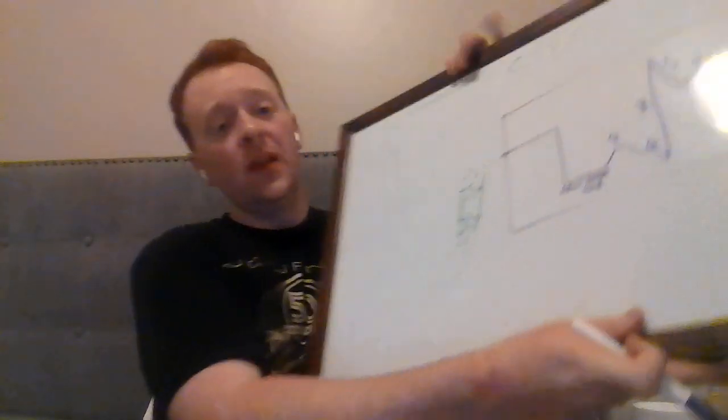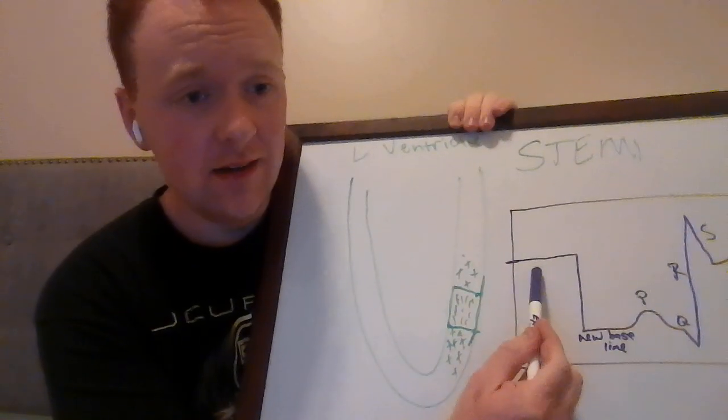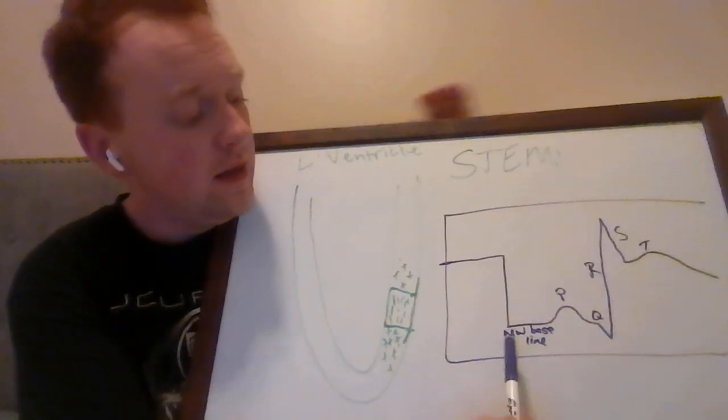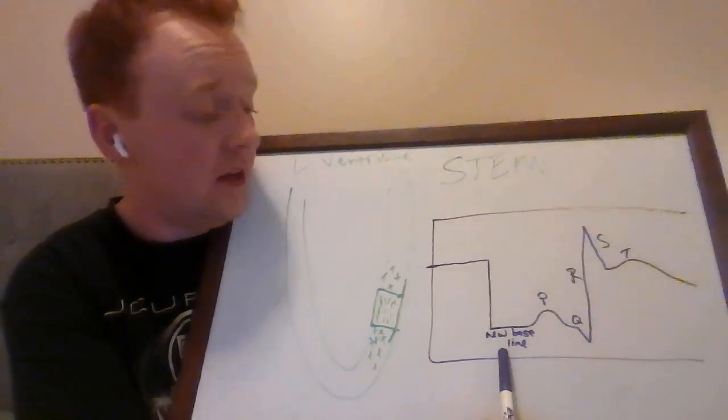So with every ECG tracing, this is probably what I forgot to mention. After the T wave, your ECG tracing is trying to get to the baseline so that they can start another P wave. This was the original baseline, where it should normally be. This is the new baseline with the blood clot.